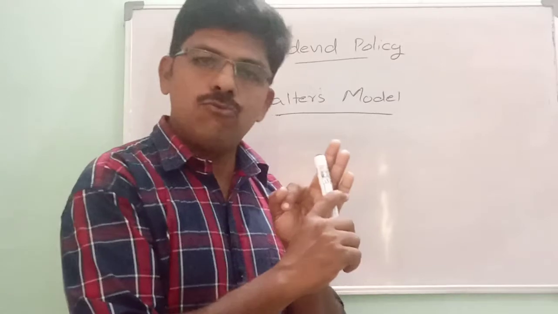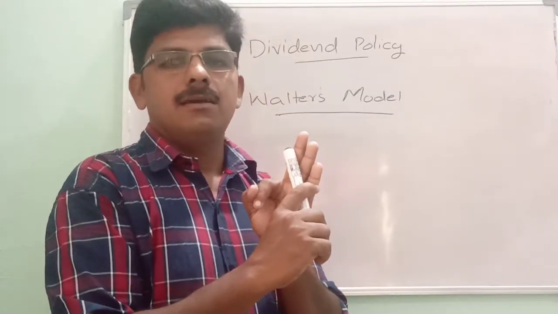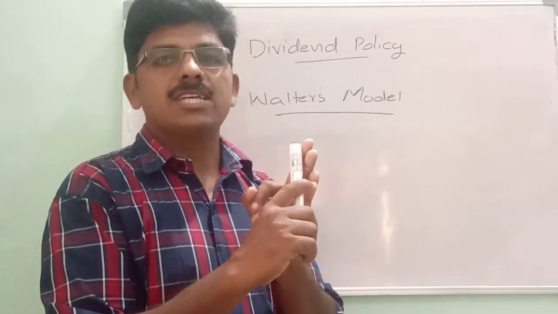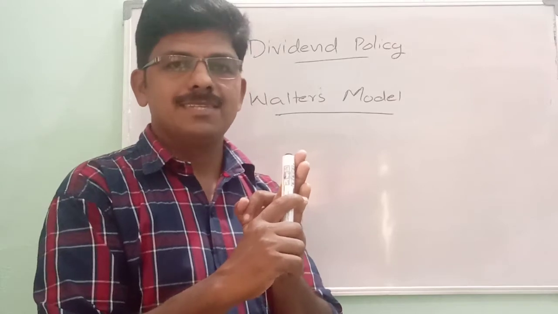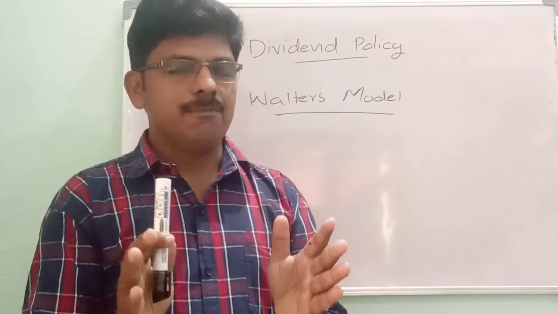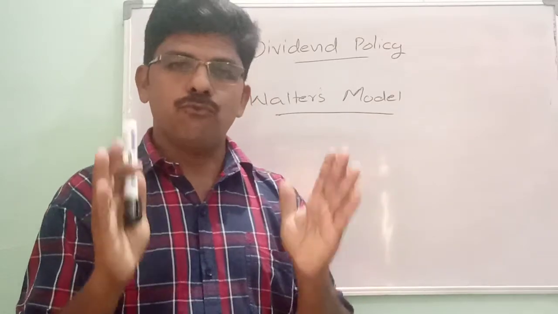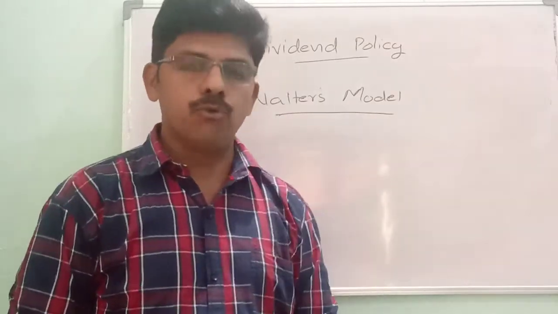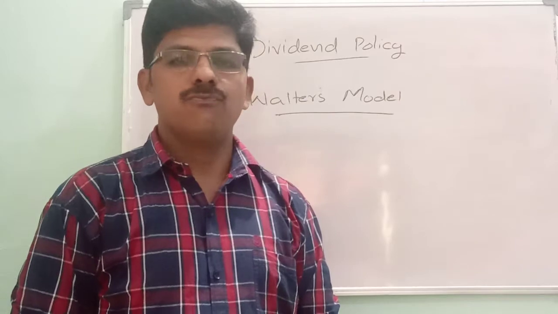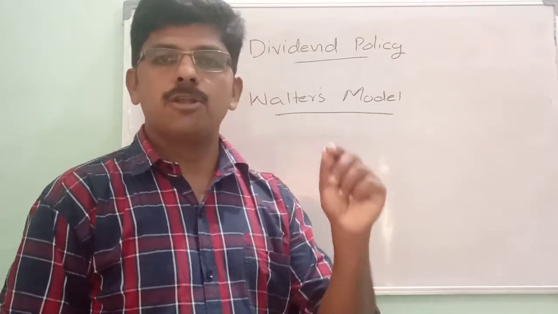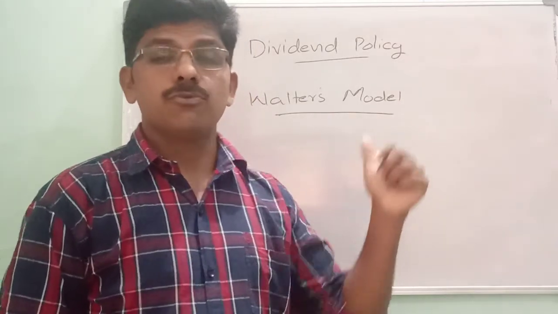When R is equal to KE, dividend declaration has no impact on the value of the firm. So this is the dividend model developed by Professor James E. Walter. Let us see how we can calculate the market price of equity shares through this model.